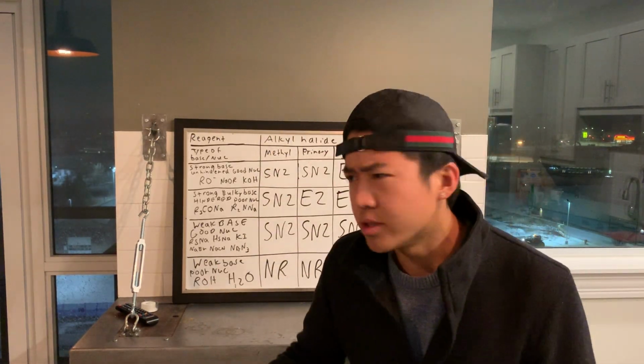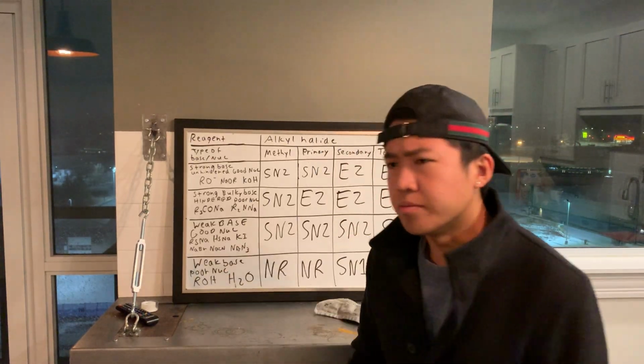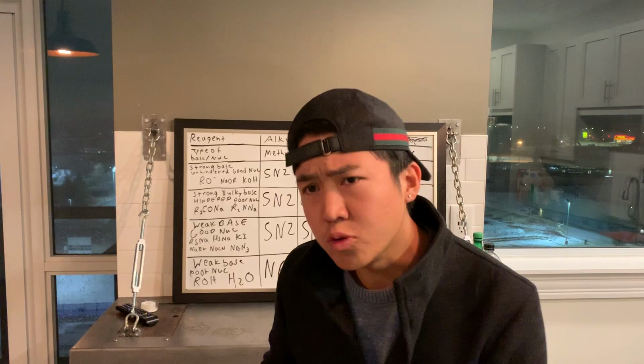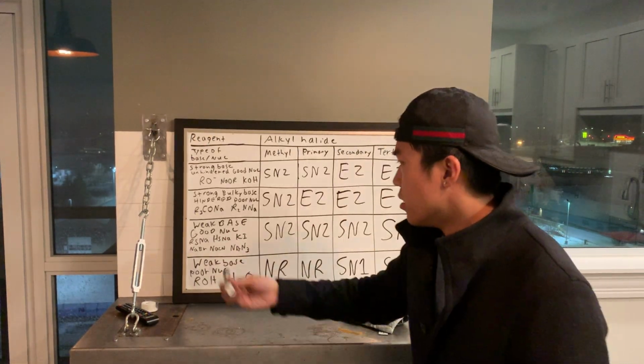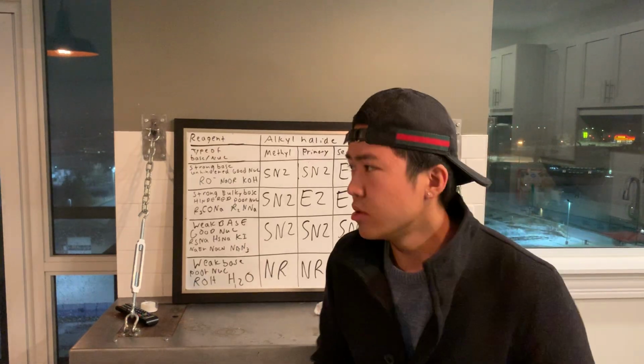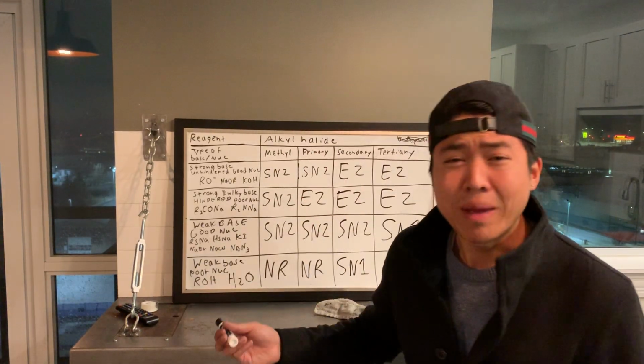Any of the halogens fit in this weak base, good nucleophile. Sulfurs, neutral or negatively charged, weak base, good nucleophile. Water and alcohols, weak base, poor nucleophile. You can say weak or poor, it doesn't matter, it's just bad, okay?